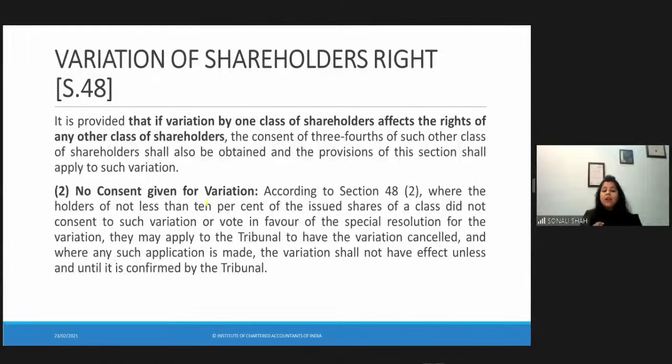If the people who have not given the consent hold at least 10% of the issued shares of a class, then they can apply to the tribunal to have the variation cancelled. Where they apply to the tribunal in such a scenario, the variation will not have effect until and unless it is confirmed by the tribunal.